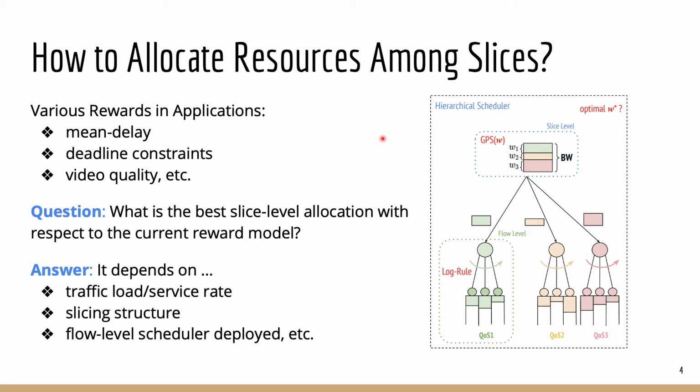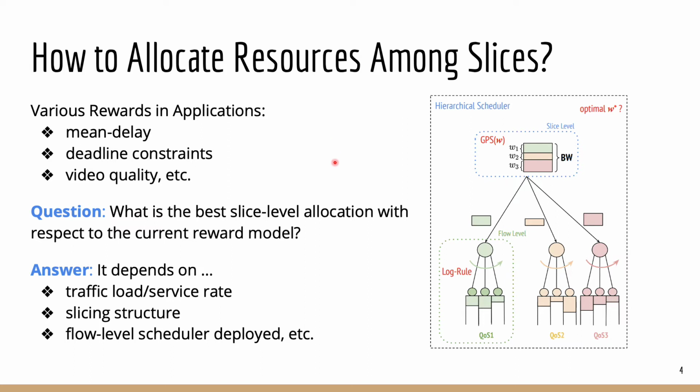The way to evaluate this scheduling scheme depends on how we define the utility or rewards. There can be various rewards in application, like minimizing mean delay or rewarding packets to meet specific deadline constraints. In our paper, we do not restrict ourselves to any specific reward scheme, and we want to solve the following general question.